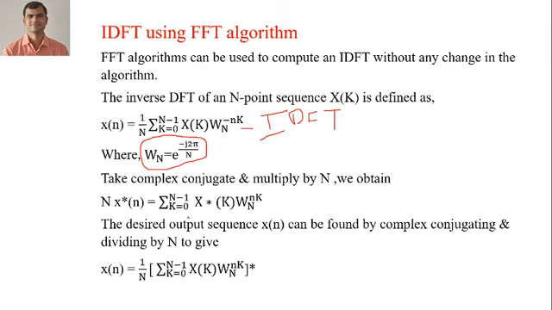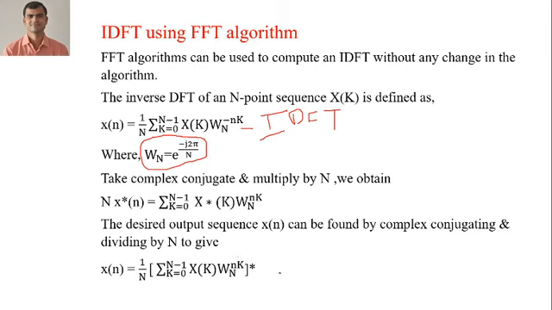Now the desired output sequence x of n can be obtained by complex conjugating and dividing by N. What we want is the sequence x of n, so we have to divide this equation by N, and also take the complex conjugate. So x of n equals 1 by N summation for k equals 0 to N minus 1 of X of k W_N nk, and its whole conjugate.